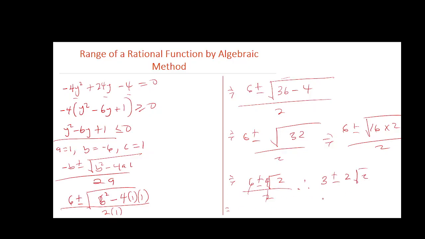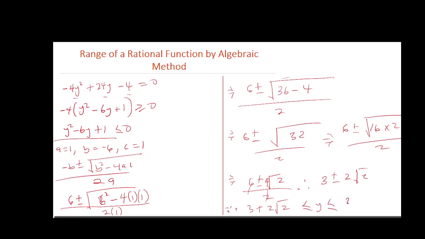And in interval notation, we are going to have therefore that 3 minus 2 root 2 is less than or equal to y, less than or equal to 3 plus 2 root 2, and this is our final answer.